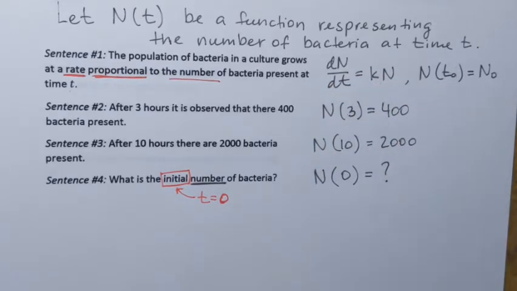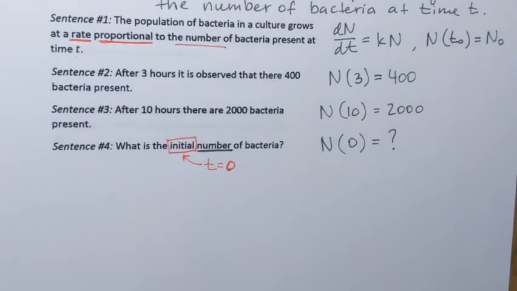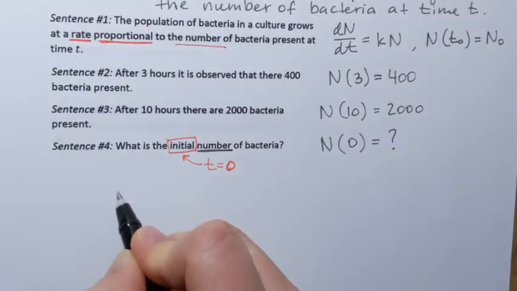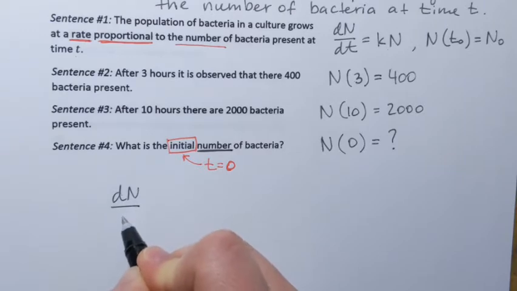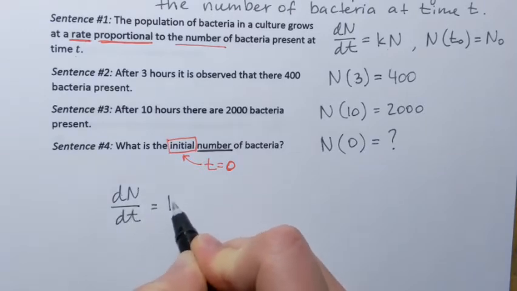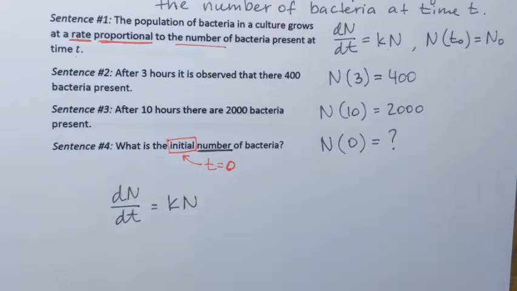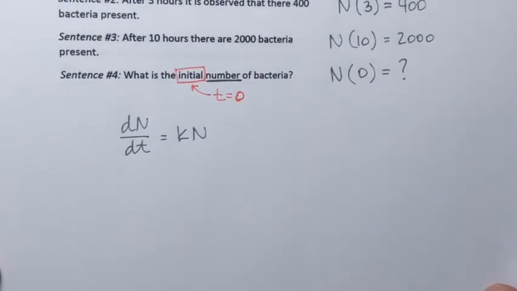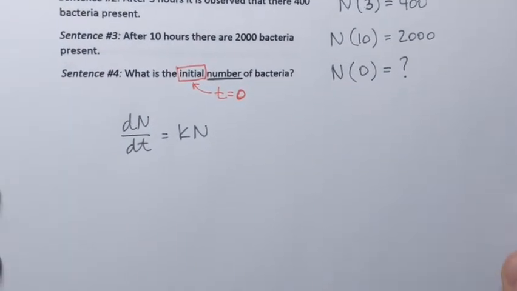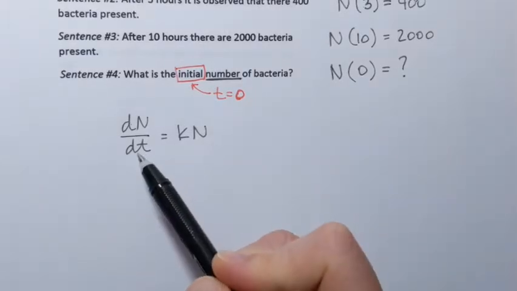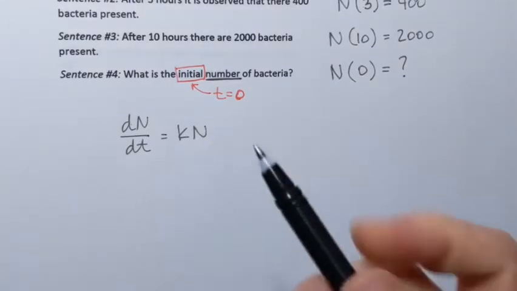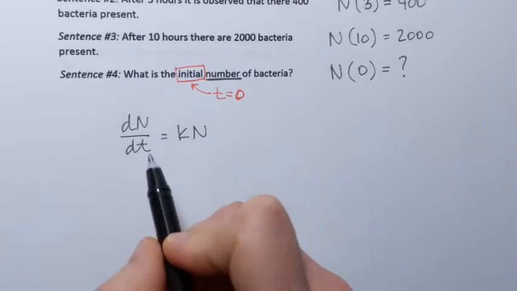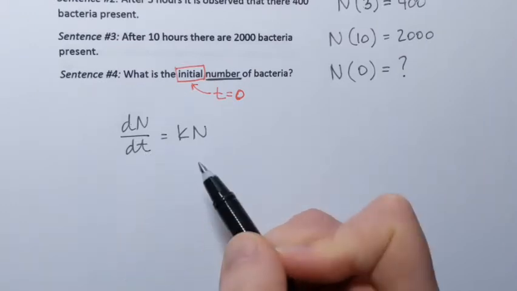So let's try that. I'm going to write down the differential equation over here: dn/dt equals kn. Let's try to solve that. What kind of differential equation is that? Well, we already talked about how it's a first order differential equation, but specifically it's a linear differential equation.